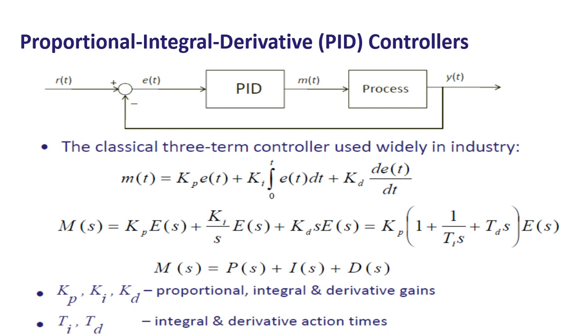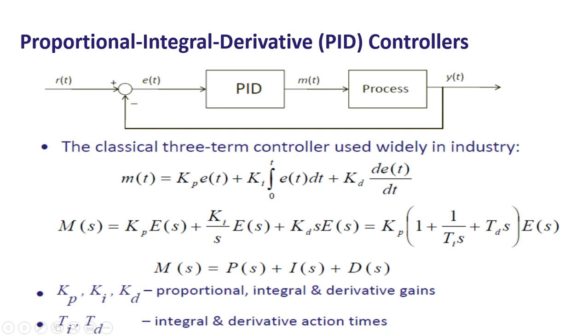So it has three terms. One is proportional, second is integral, and third is derivative term. So how does this control look like? We have some process here, and before the process we implement this controller. What we actually do is, we have some reference input R of t, and we take the sensor output and compare it with the reference, and we generate some error.